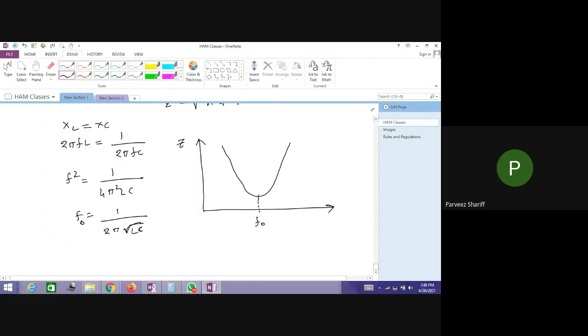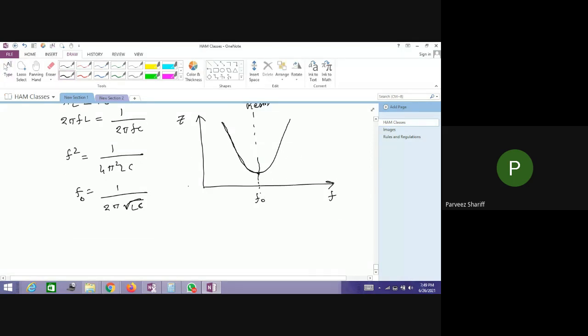This is the impedance, and this is the frequency F. This is the point where its impedance is very, very low. Why is it very low? Because only the resistance is there in the circuit, since the inductance and the capacitance cancel each other. So the impedance point is minimum.